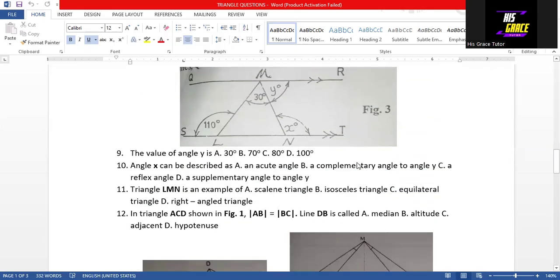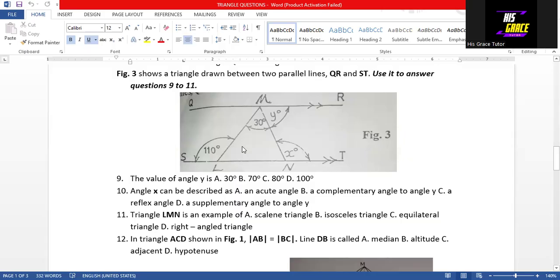Then question 9, we're using this diagram to answer question 9 to 11. Question 9 says that the value of angle Y is, so this angle Y here. If we are to get this angle Y, we need to get this angle and this angle. The sum of angles on a straight line is 180, so we subtract 110 from 180. This will give us 70.